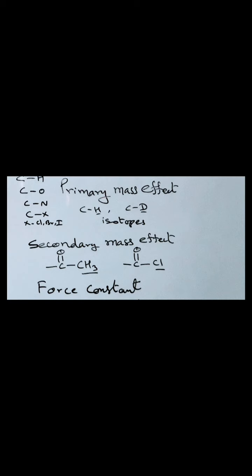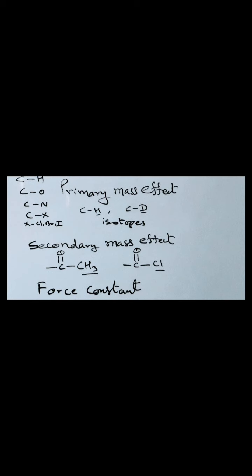To sum up, we must know what is meant by mass effect in IR spectroscopy, especially in determining the frequency of absorption. The frequency of absorption is calculated by the formula nu bar is equal to 1 by 2 pi c square root of k by mu. K is the force constant, mu is the reduced mass of the system, given by mx my divided by mx plus my, where x and y are the atoms connected by the chemical bond.